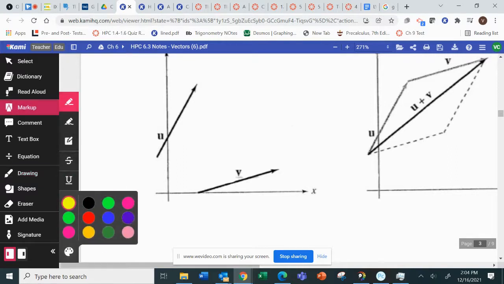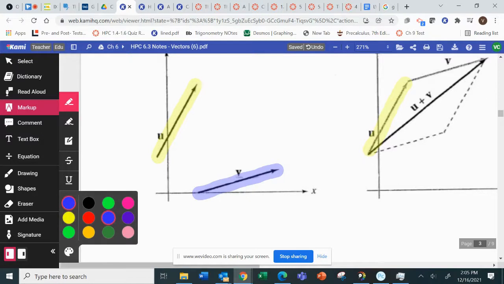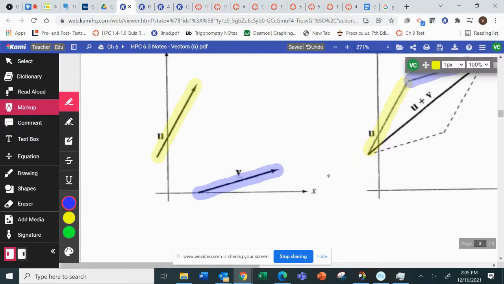I'm going to go ahead and highlight vector u and highlight vector v. If we add u plus v, then we would go to vector u, which is right here. And then at the very end of vector u, we would attach on the same length, which is magnitude, and the same direction, just right on the end of that.